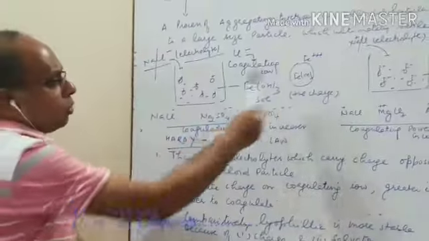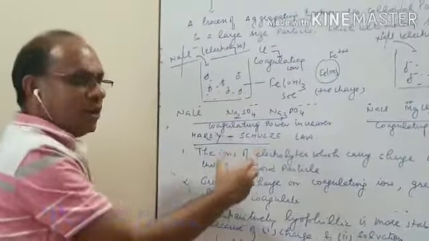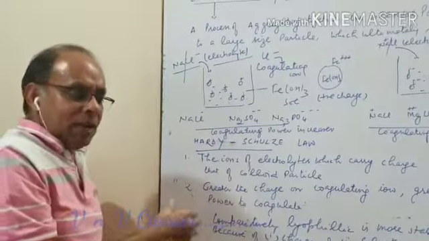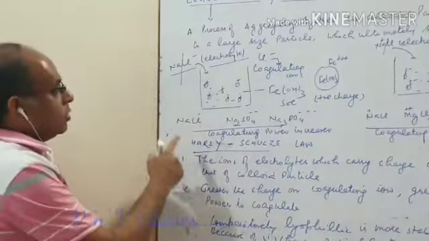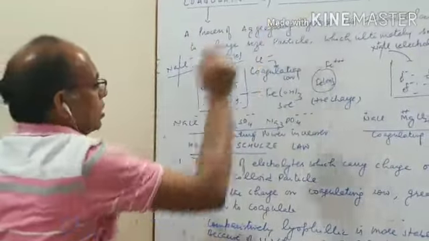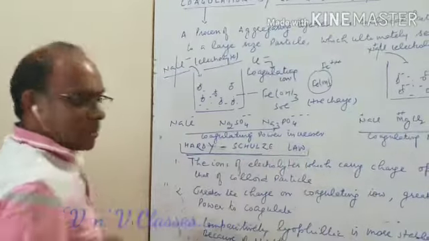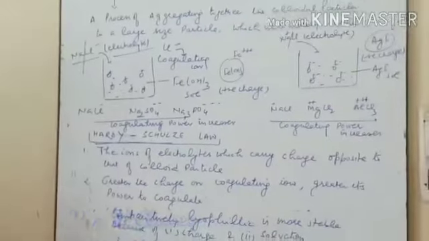But you can see different electrolytes have different powers, or in different time they can cause coagulation. So for this coagulation by using electrolytes, we have an important law to discuss. This is Hardy-Schulze law. What does it tell? You know well.